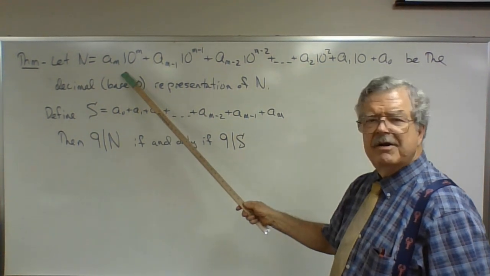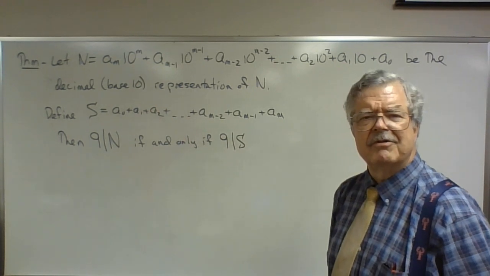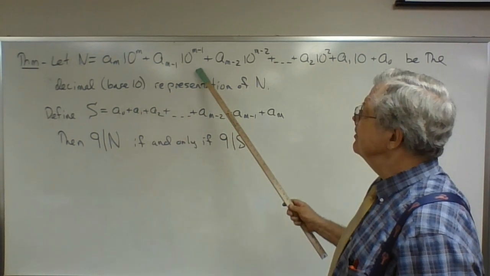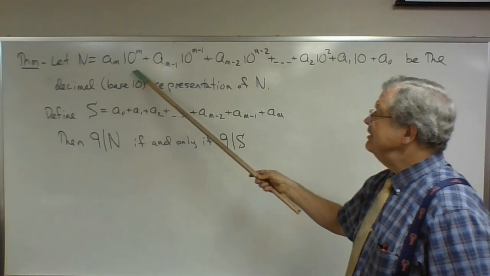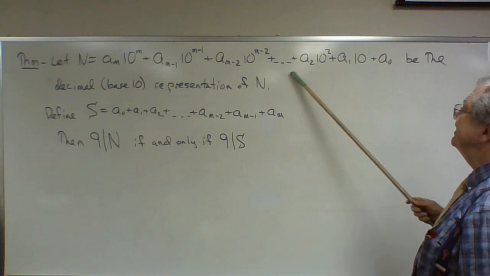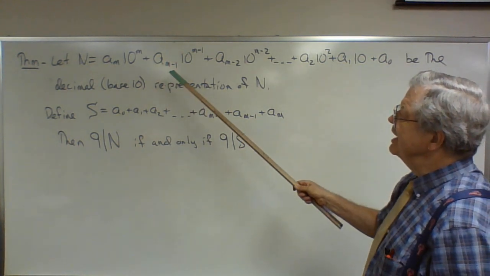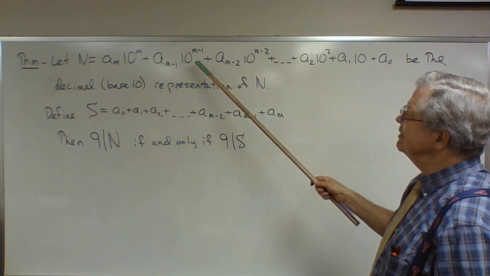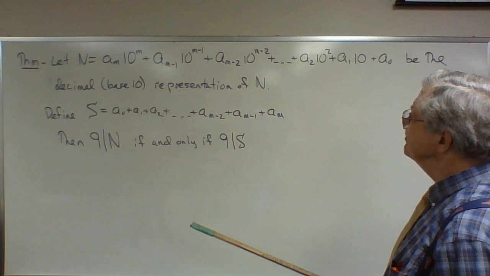Here's our first theorem. We know probably a similar result for 3, but this is for 9. Let n have the base 10 place value representation a_m 10 to the m plus a_(m-1) 10 to the m minus 1, and so on.